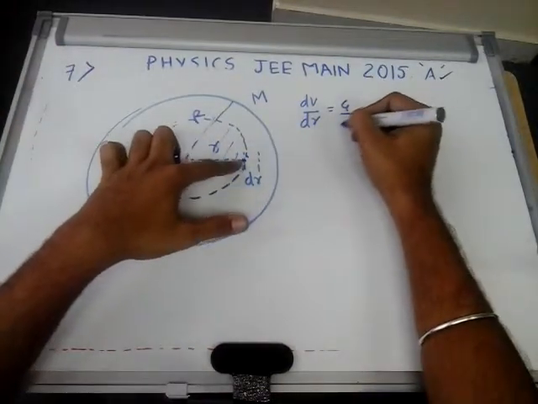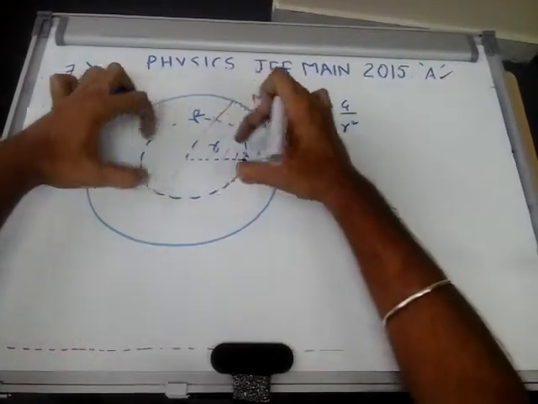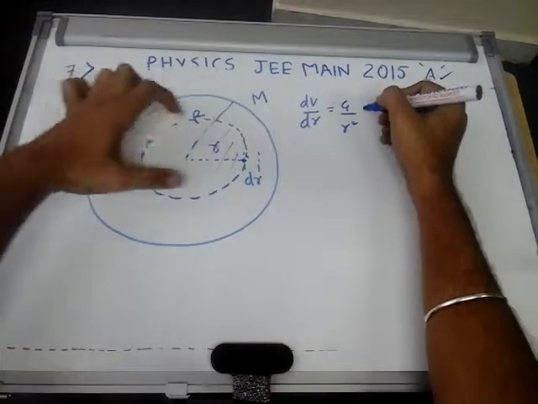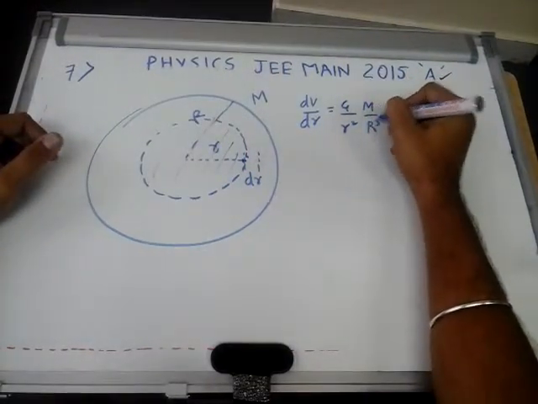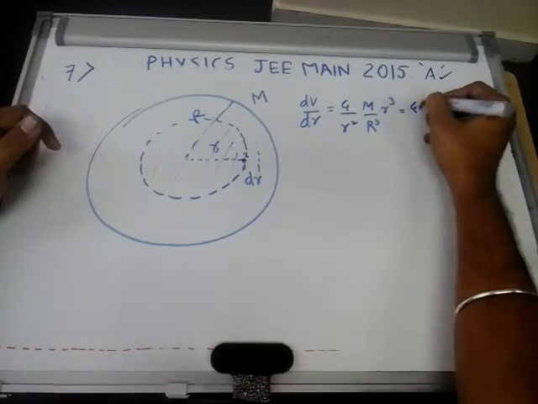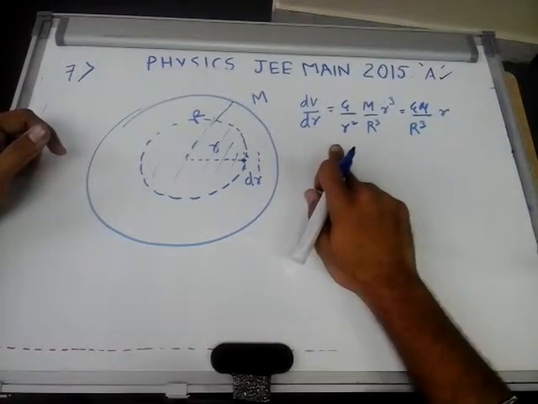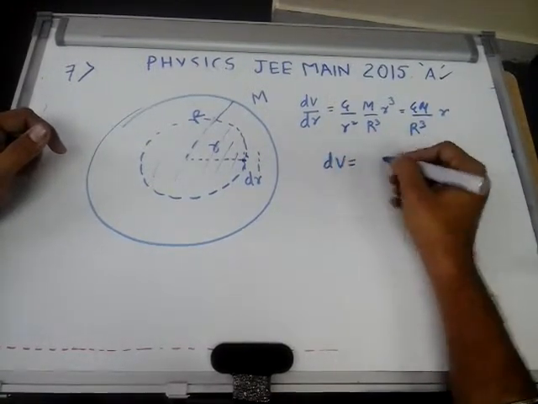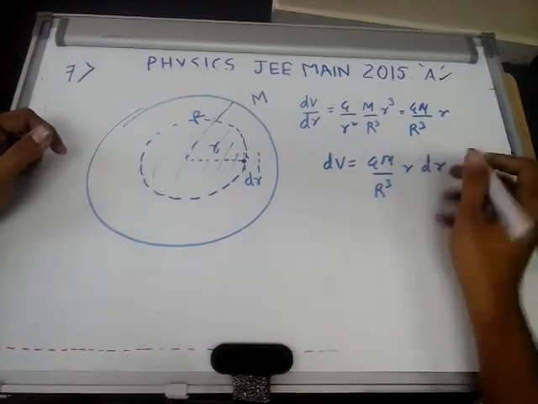So this is G by r square into m. Now what will be the m for only this portion? That will be equal to M by R cube into small r cube. So this is GM by R cube into r. So I can write dV is equal to GM by R cube into r dr.